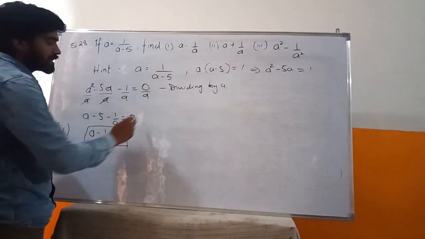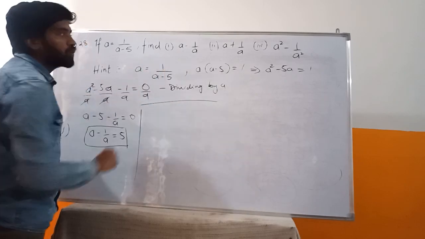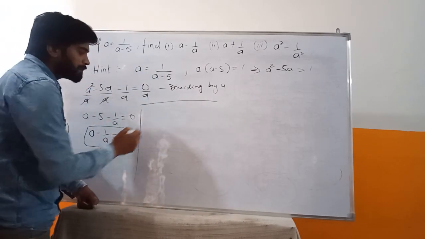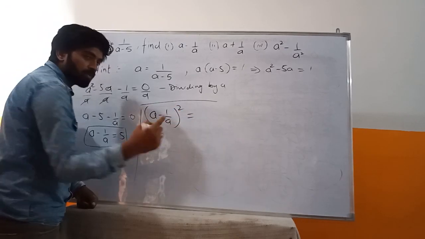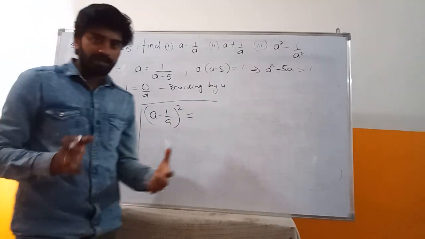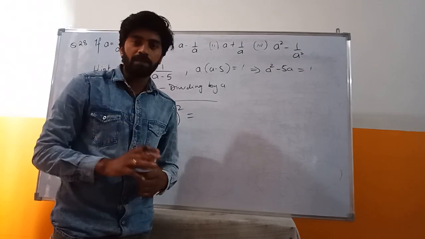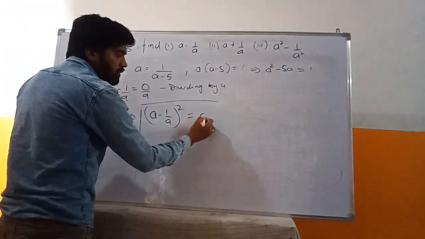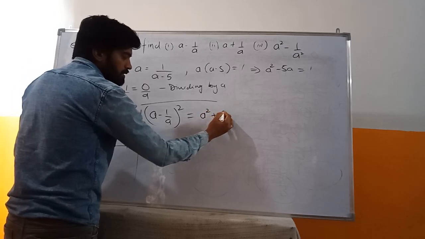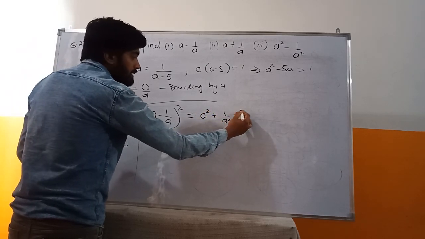Now I need to find the second part. How to find the second part? For a minus 1 upon a, I'm going to put the square formula. You know the formula. If you don't, go to the third chapter, the very first page. You're going to find the formula. a minus 1 upon a whole square equals a square plus 1 upon a square minus 2.